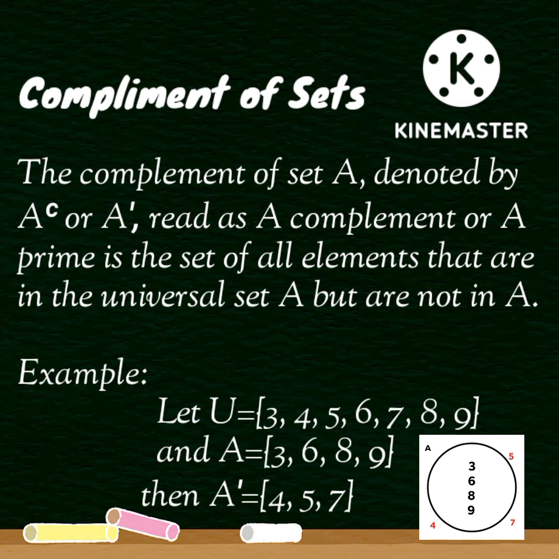So, what we will do here is cross out what is in set A from the universal set. Cross out 3, 6, 8, 9. So, what is left is 4, 5, 7. So, the answer for the complement of A is 4, 5, 7.